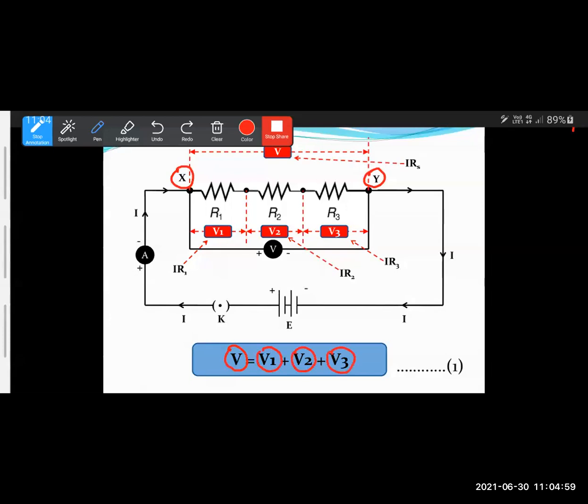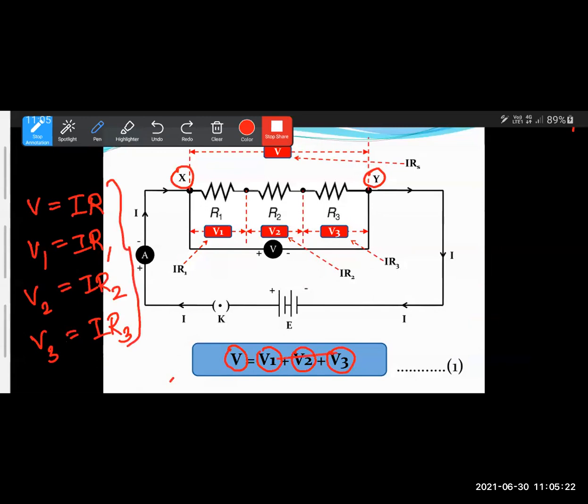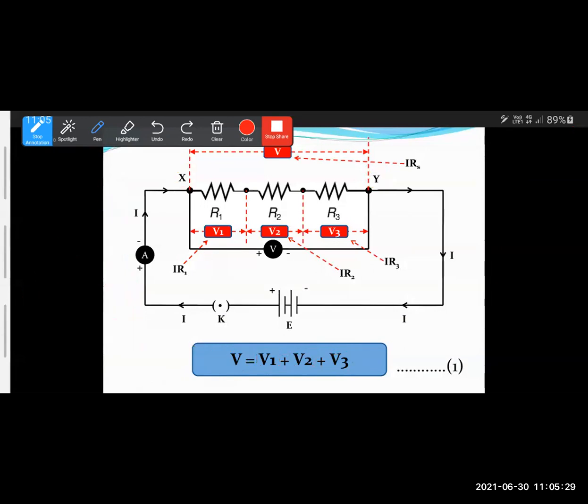Okay, fine. Now, what we had previously discussed, V equals IR, right? Then just now we wrote V1 equals IR1, V2 equals IR2 and V3 equals IR3. So if we substitute all of these values in this equation, let us see what we get.